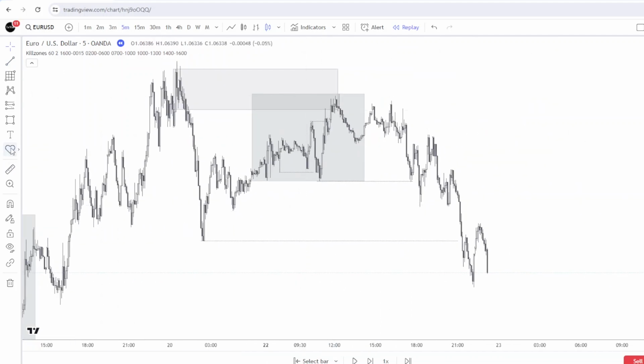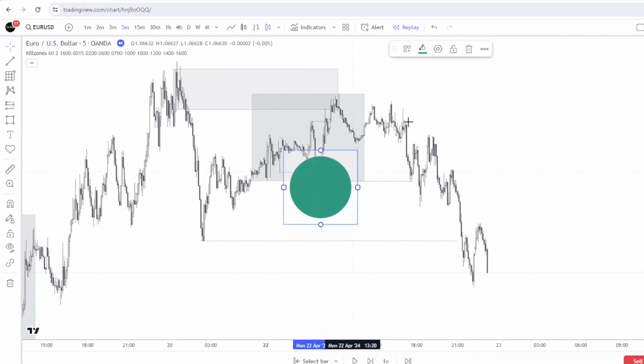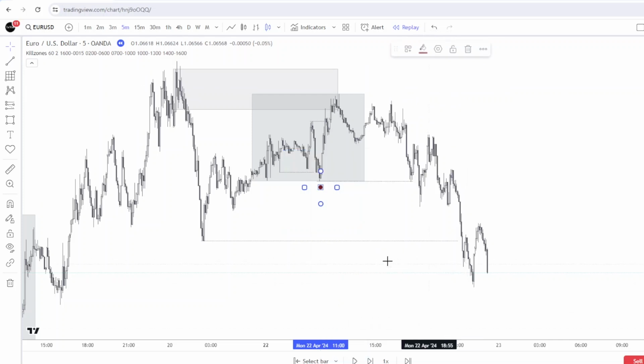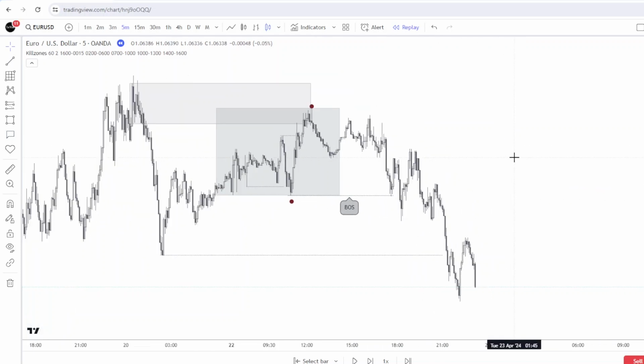All right, so we have a range from here on M5 to here. Then we had our BOS here with the M5.